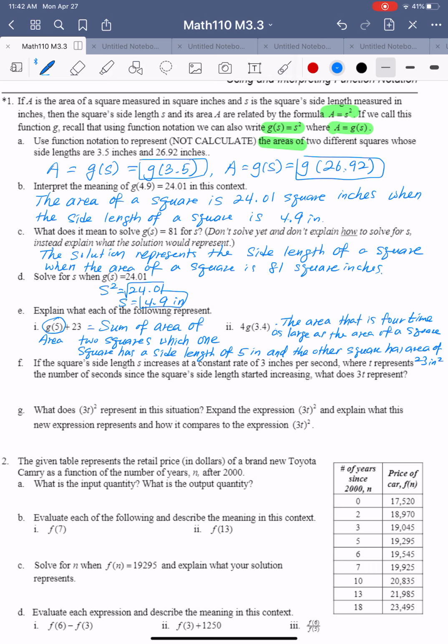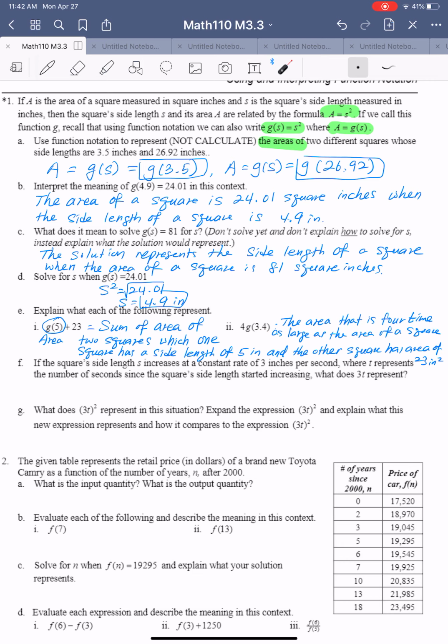I don't have space to write, so please listen carefully. The whole thing is about area. So the area that is 4 times as large as the area of the square, and then the side length of the square is 30.44 inches.